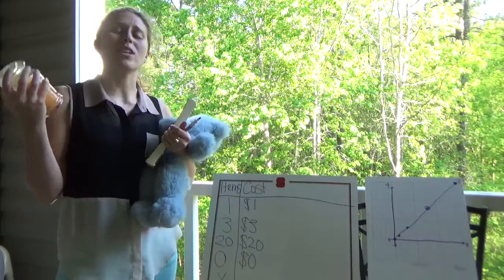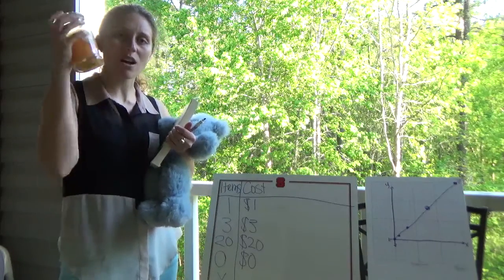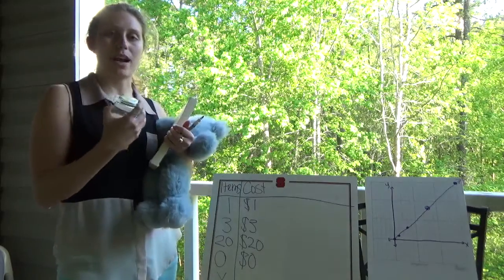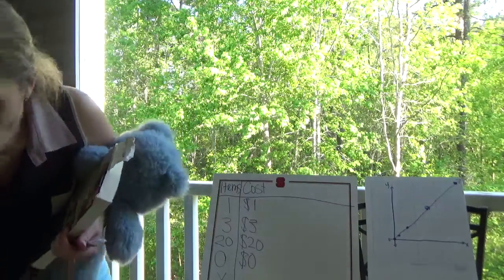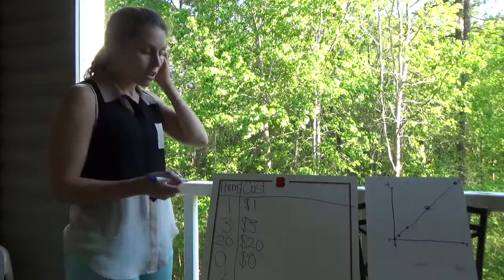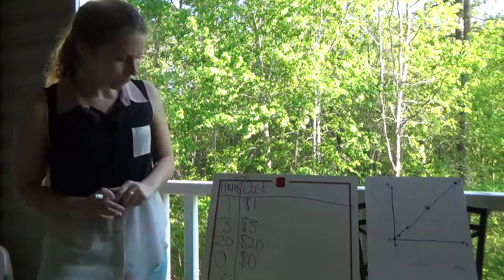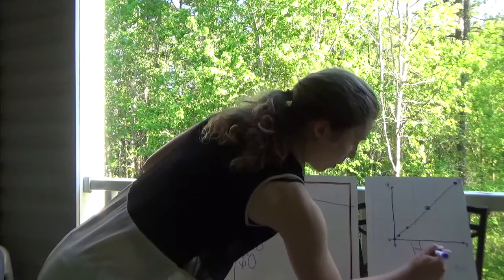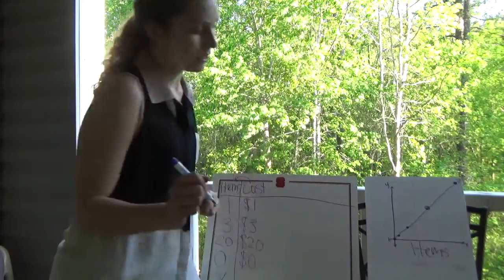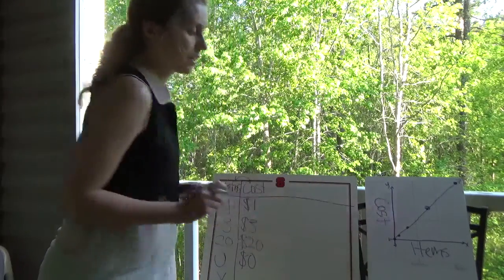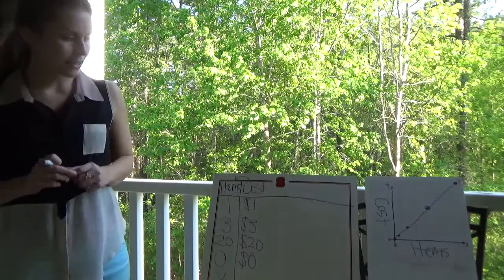Yes, we do. We are, by law, required to spend $3 if we are buying 3 items. So the dollars, the cost, is dependent on the items. So that means for us that our items go on the independent axis, the x-axis, and our cost goes on the dependent axis, the y-axis.